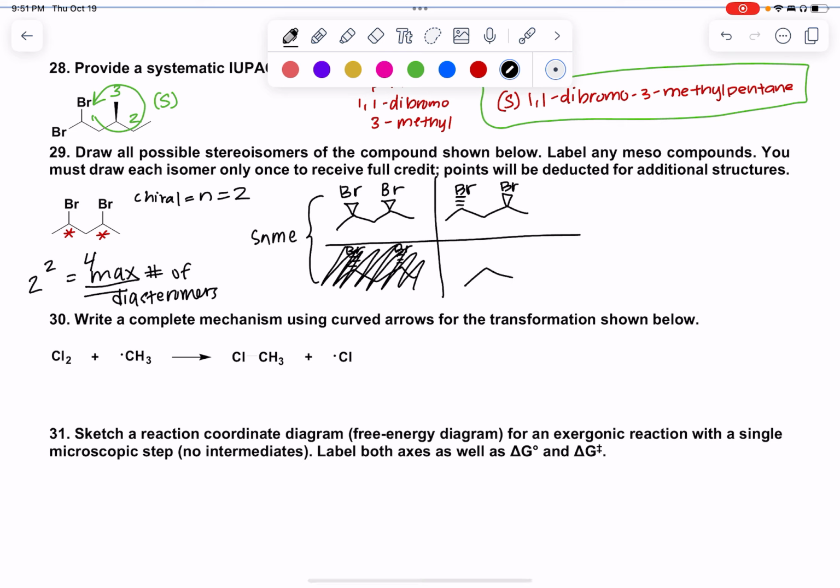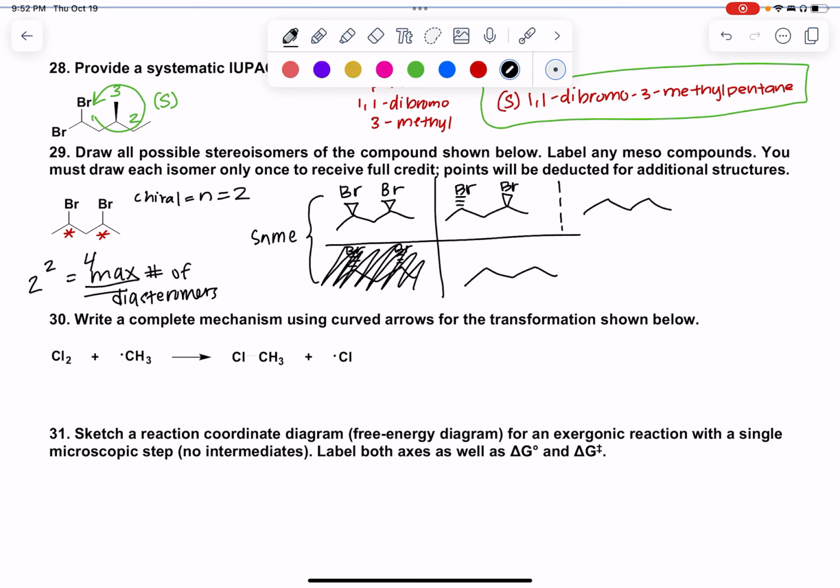And then we also have one more. We can draw the enantiomer of this compound. And that means we're going to change them both. Like we're going to draw the mirror image, right? So let's just put a plane here and let's draw the mirror image of this one. So instead of having the first bromine on a wedge, remember, a mirror image is going to be exactly opposite.